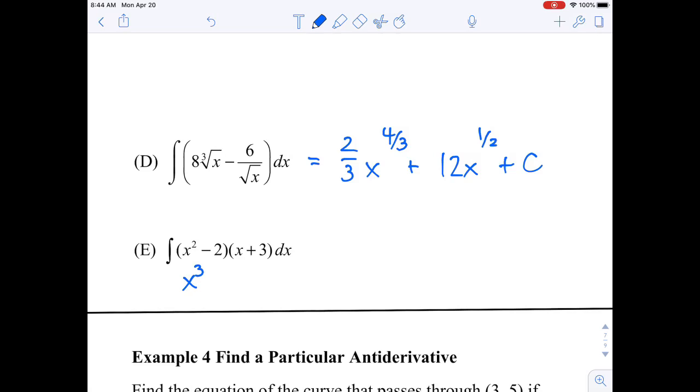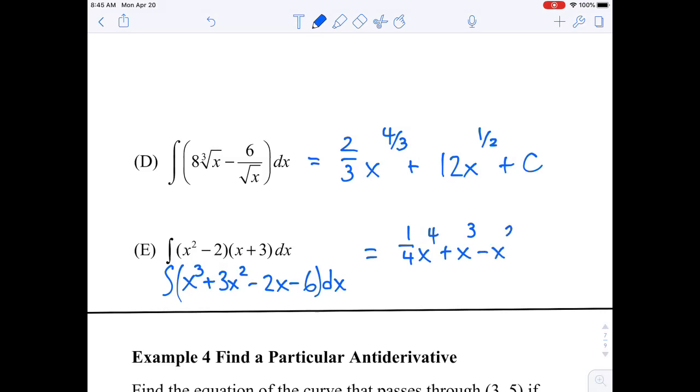Not quite this way. We will get into substitution, but this one doesn't quite work that way. So when you distribute, you actually get that. And then you should be able to integrate each term. And this ends the first part of antiderivatives.